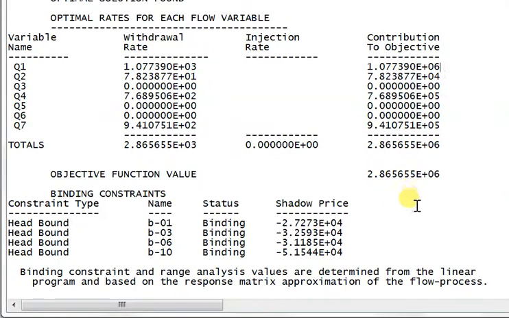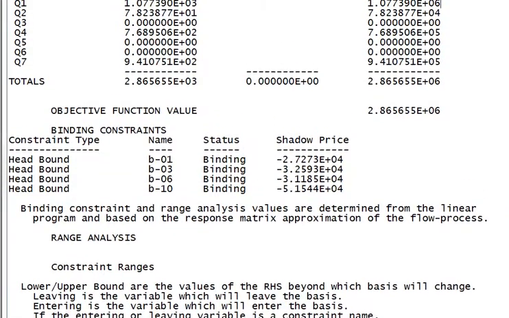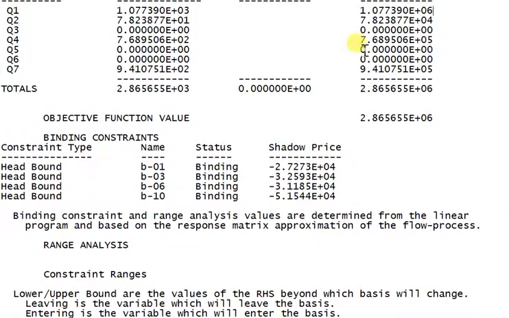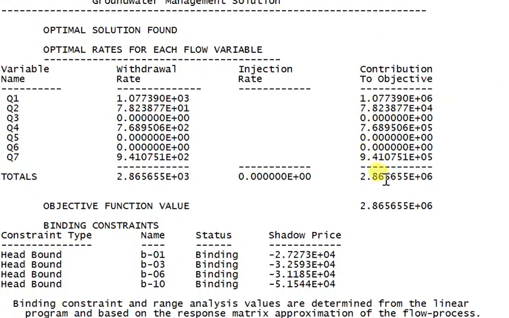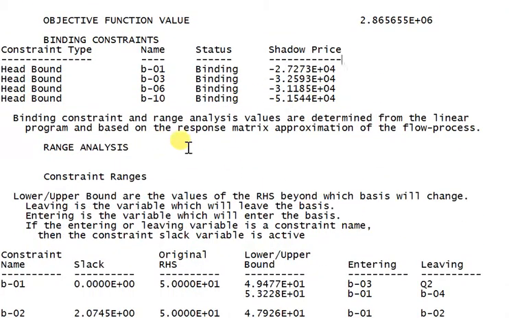Returning now to the output file, we see something called shadow prices and range analysis.